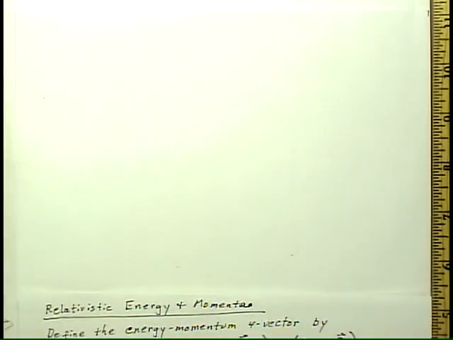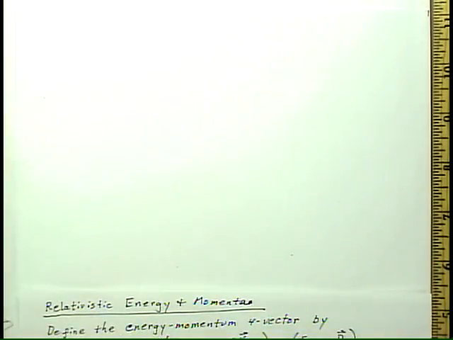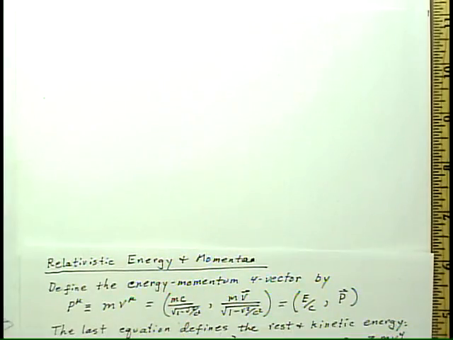We now have position and velocity and a way to take a derivative using the proper time by defining relativistic energy and momenta. We define the relativistic momenta, p mu, to be by definition the mass m times the four-velocity v mu.